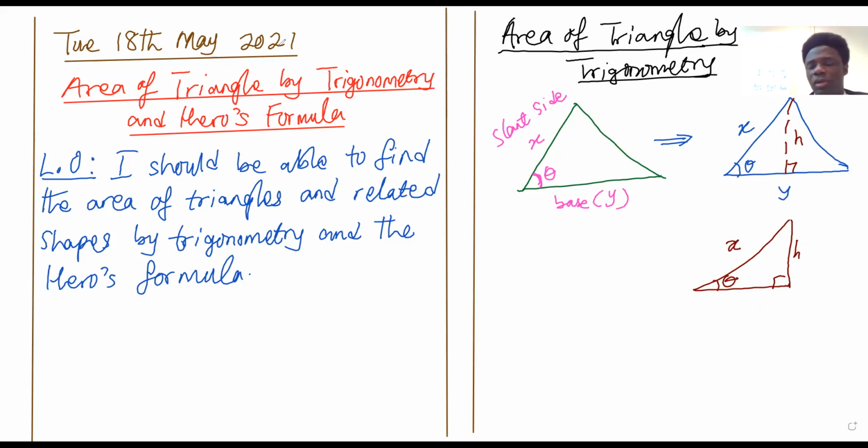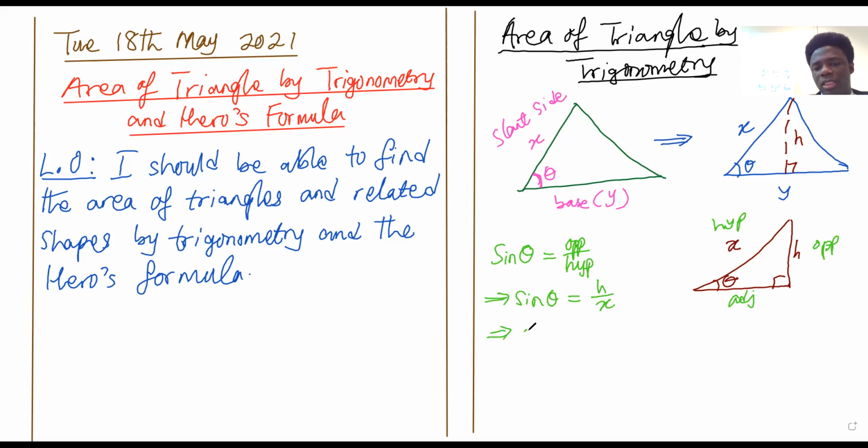So let's deal with our SOHCAHTOA based on the available information. This will be our opposite, this is the hypotenuse, and this is the adjacent because of where this theta is. Then from here, you will realize that sine theta, which is opposite over hypotenuse, is h over x, which implies that the h that we need is x sine theta.